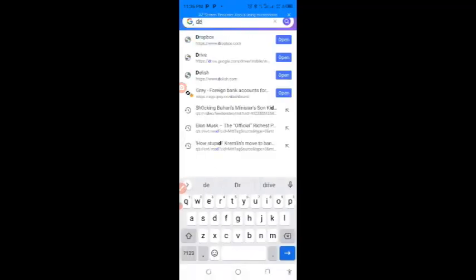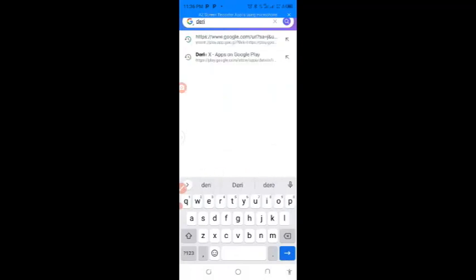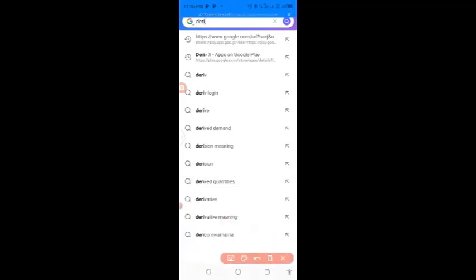Just type Deriv in your Google. Deriv login. I've just seen the Deriv login there. So that is the Deriv login here. So you can just click it.